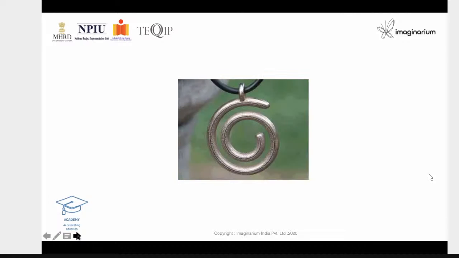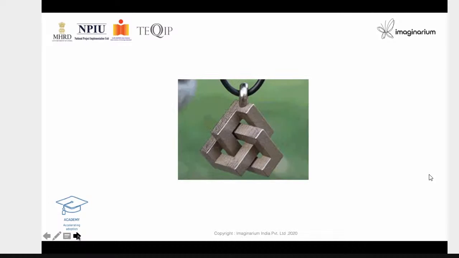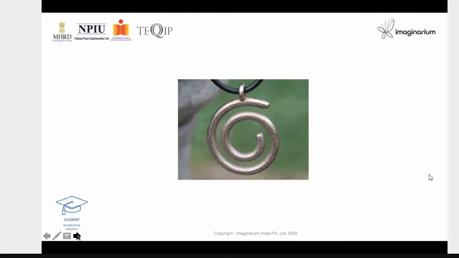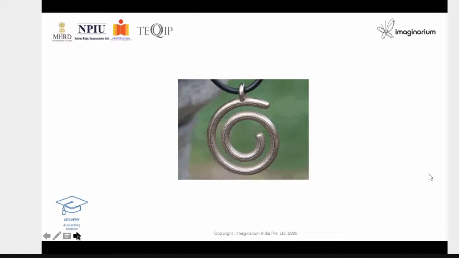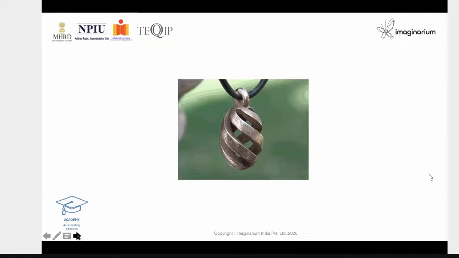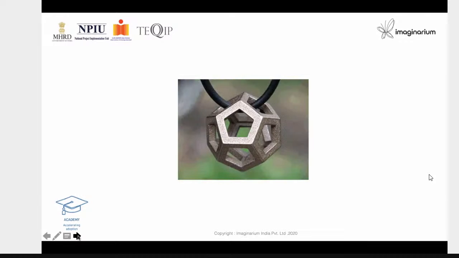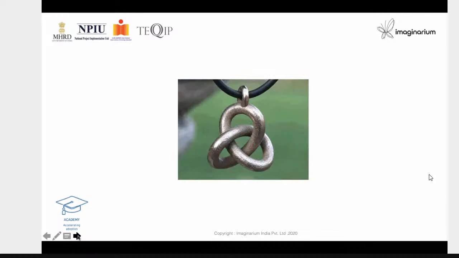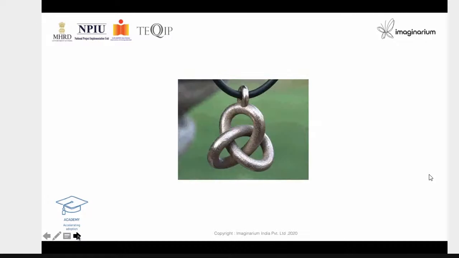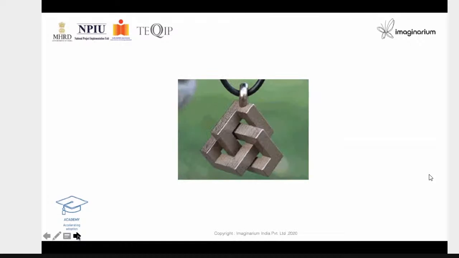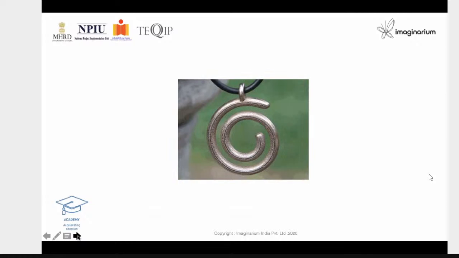So these are some of the titanium based pendants, which will go with a black choker like that. You can see the titanium metal, which is quite exotic, and people are quite fond of it in Europe.